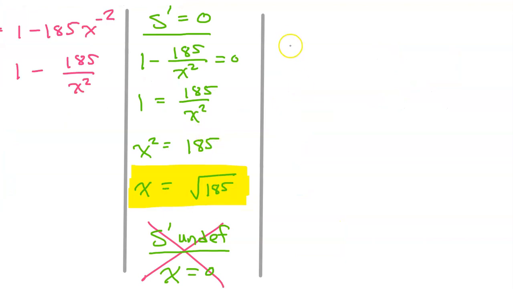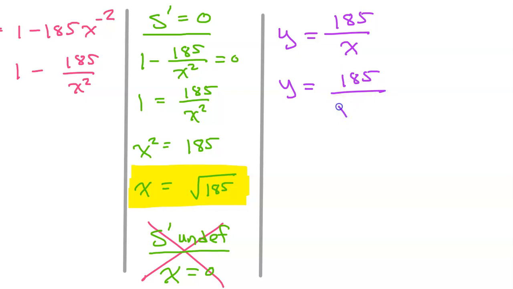So we have x. Let's find the y value now. Y is equal to 185 divided by x. So that means that y is equal to 185 divided by the square root of 185.